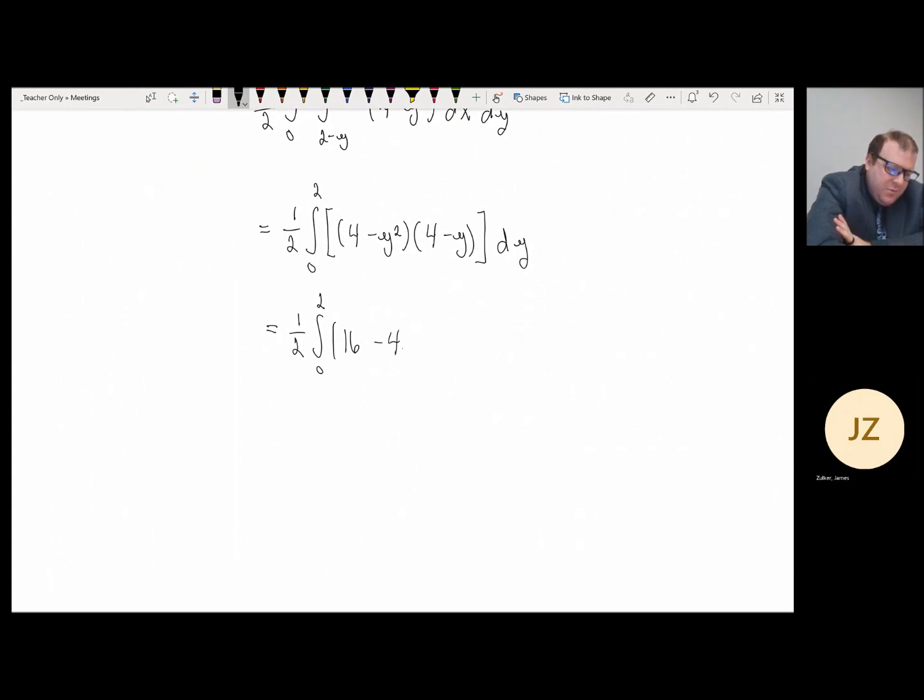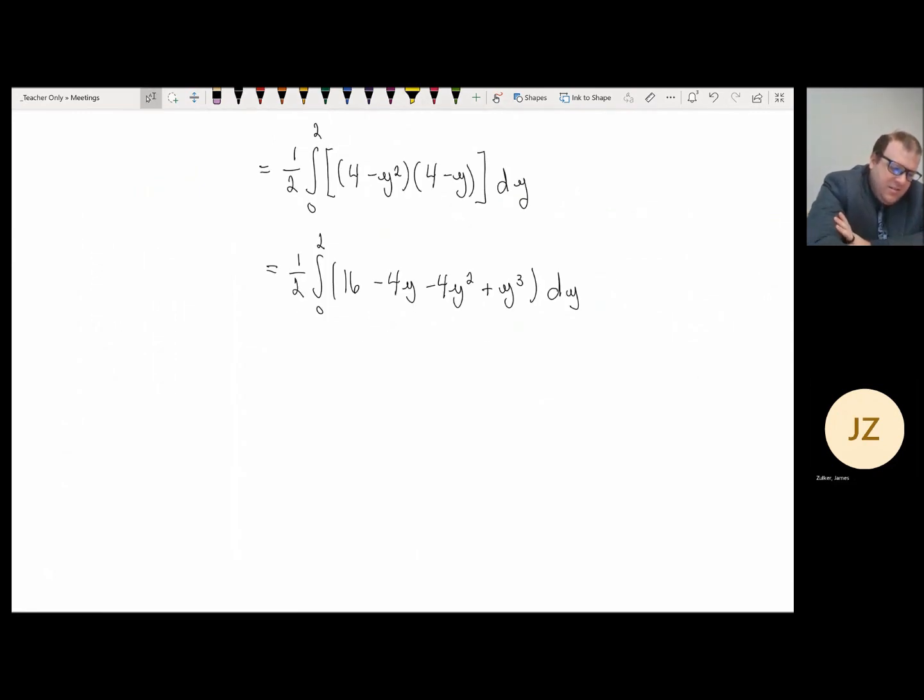16 minus 4y minus 4y squared plus y cubed. 16 times 2 is 32.